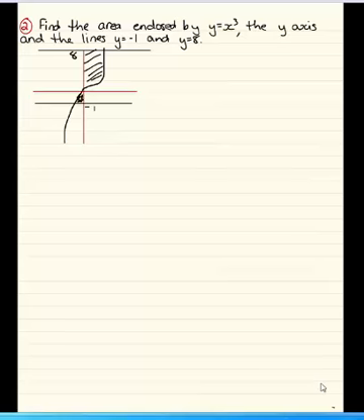So we have two areas. The one to the right of the y-axis is going to be positive, the one to the left of the y-axis is going to be negative, so we still need two integrals. This is all exactly the same as what we were doing before. Okay? We also need to consider the fact that y has been given as x cubed.